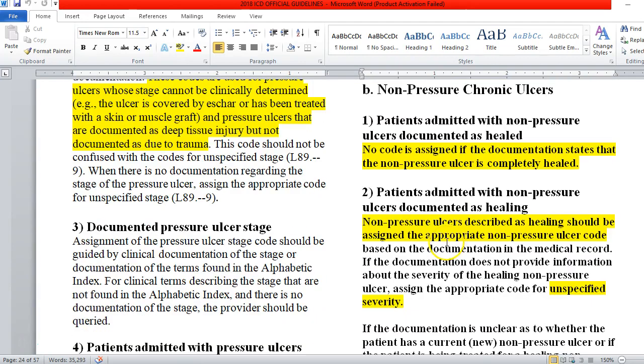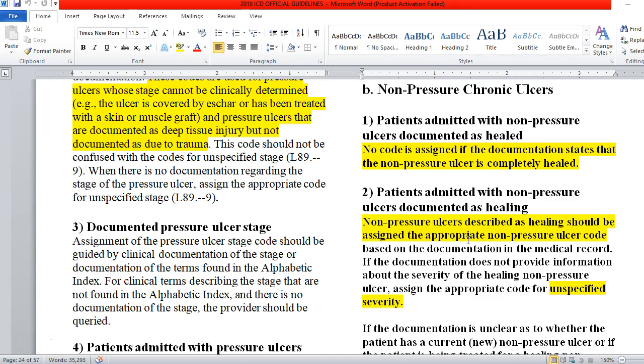So the non-pressure ulcers start under B. So number 1, patients admitted with a non-pressure ulcer documented as healed. Okay, so again, no code is assigned if the documentation states that the non-pressure ulcer is completely healed. So again, just like our pressure ulcers.